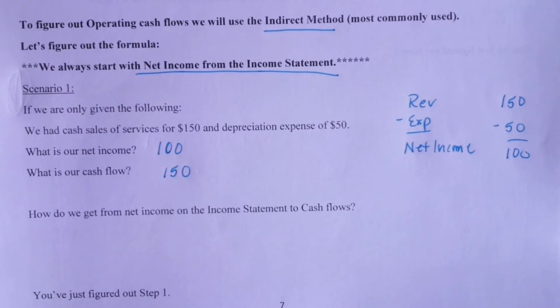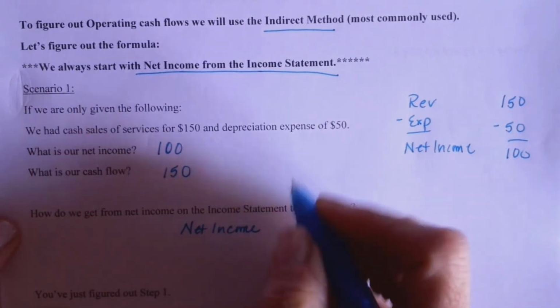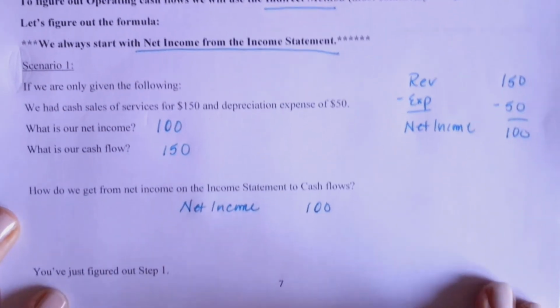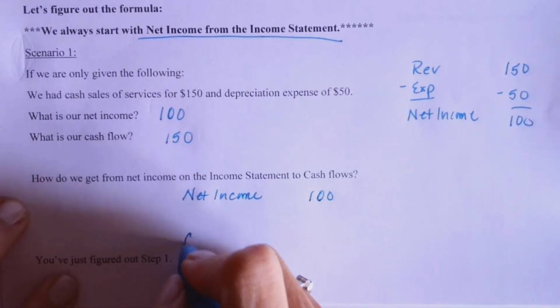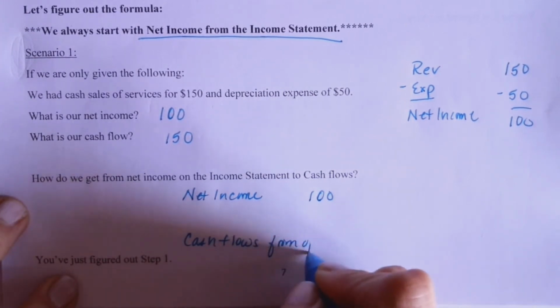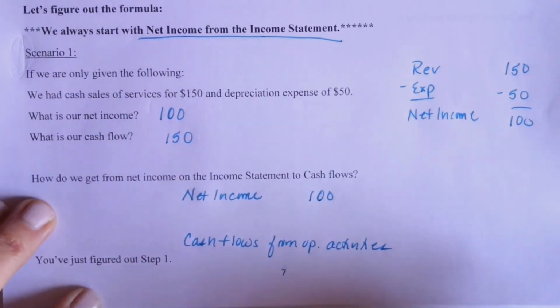So if we were to create our statement of cash flows, what do I say we always start with? What's the shortcut? Right, we always start with net income. So the statement of cash flows would look like this. We'd start with net income that you just told me was 100. We want to end up with cash flows from operating activities because we're just talking about that category right now.